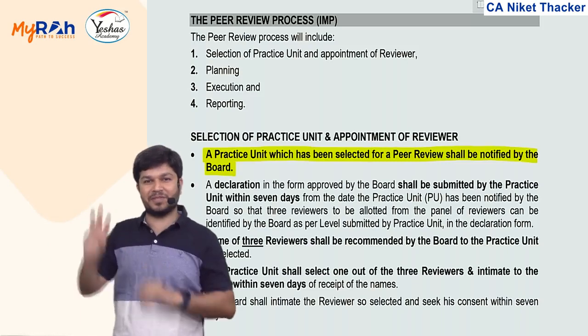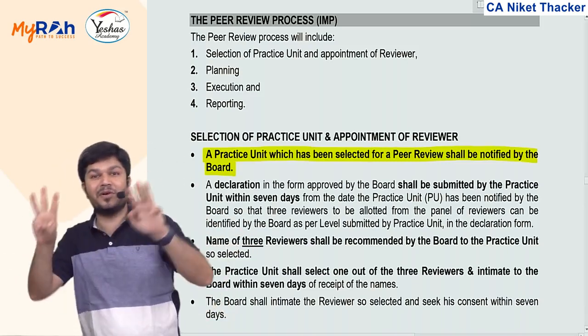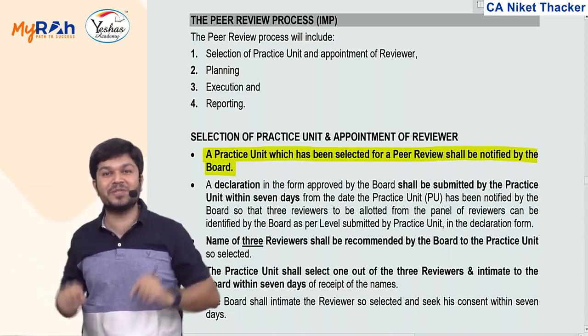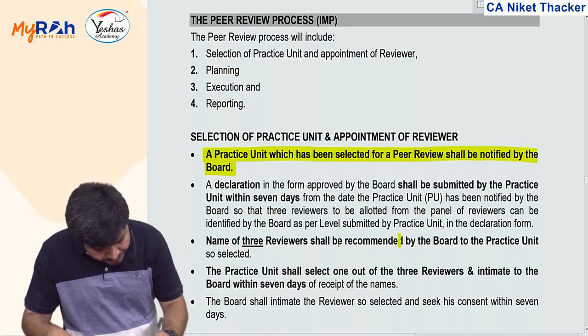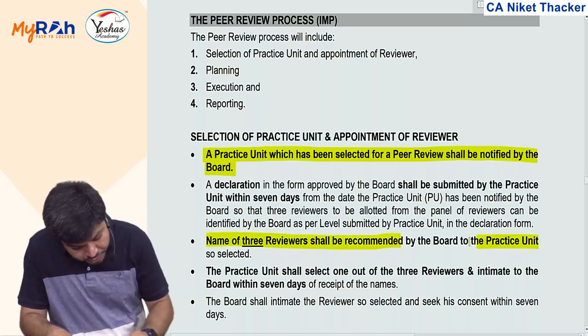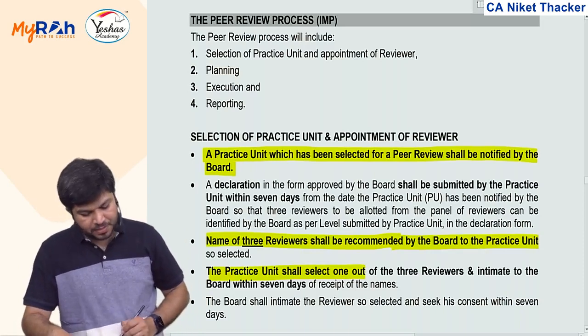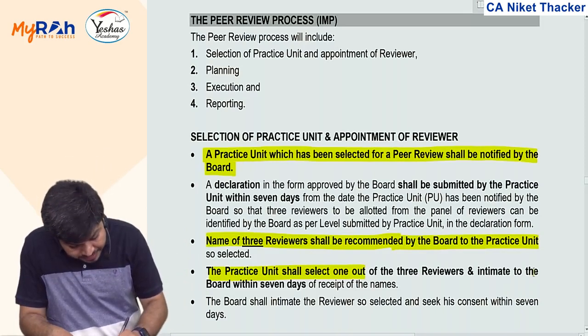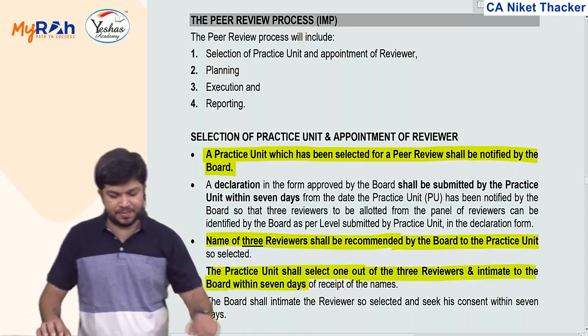You have to select out of it. You select out of that within 7 days. Name of 3 reviewers shall be recommended by the board to the PU, and the PU shall select one and intimate to the board within 7 days.